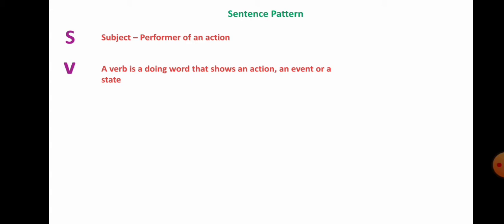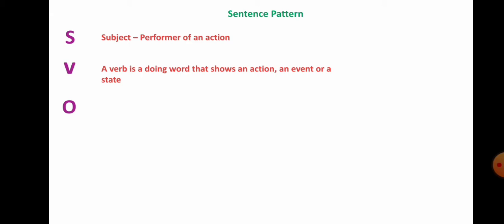But if we say coffee is hot, here the verb states the status of the coffee, whether it's a liquid or a solid, or whether it's hot or cool. Okay, so a verb refers to an action or a state or an event.